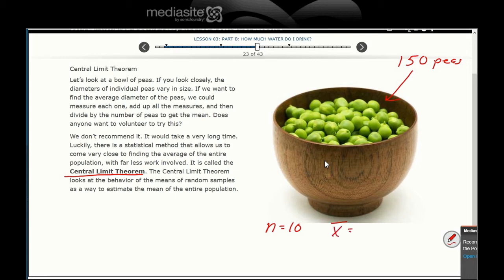And what you're going to find, as you take your samples, you're going to basically create a dot plot of the diameters.